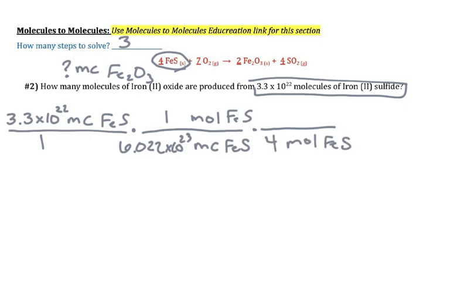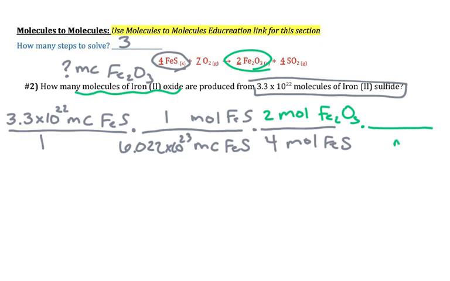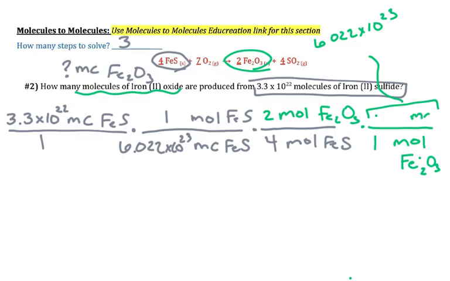In my reaction, I have 4 moles of iron sulfide, and I want iron oxide. And in my reaction, I have 2 moles of iron oxide. That last step then is to get rid of moles of iron oxide, and I need to get to those molecules. So 1 mole is 6.022 times 10 to the 23rd molecules of Fe2O3.